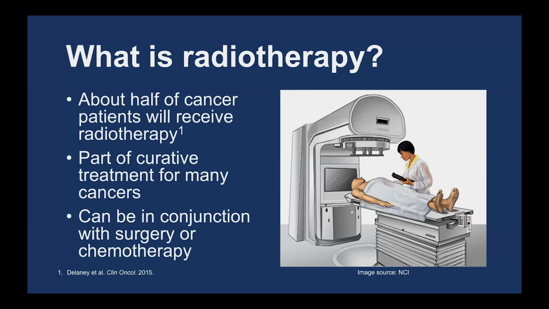Once that plan is put in place and quality assured, patients come in on a daily basis for a number of treatments, which can range from one single treatment to longer courses of up to 9 weeks, where they come in and receive their radiation. They lie on something similar to an X-ray table, and then a radiation machine delivers the radiation plan that was developed on the computer beforehand.